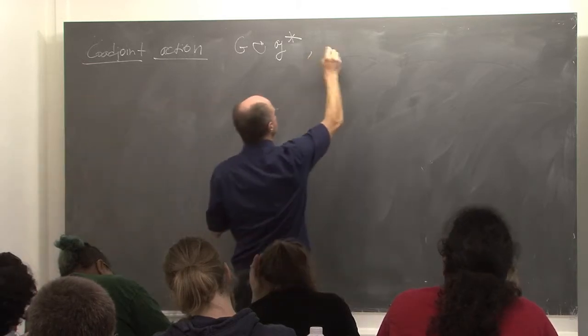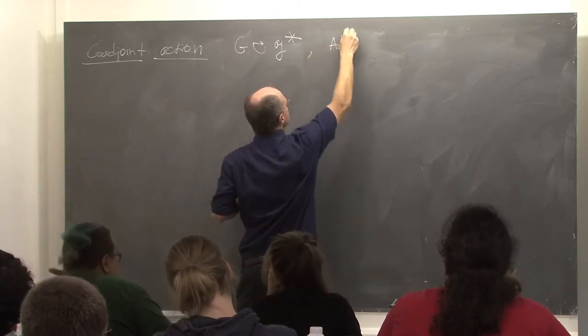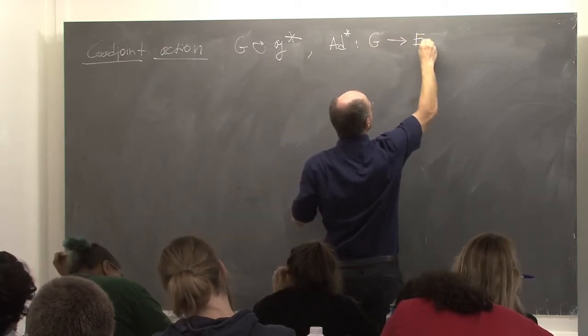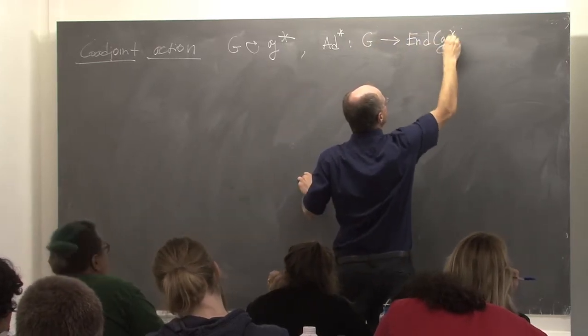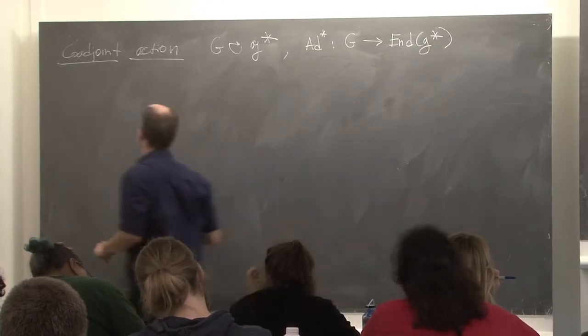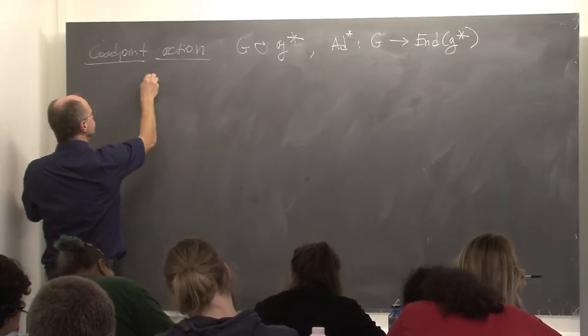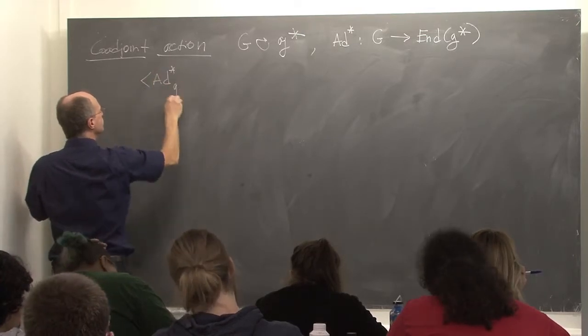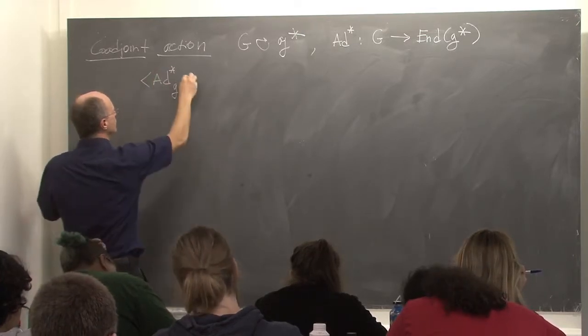So that's a map, adjoint star from G to endomorphisms of G star. Which is defined by the following property.